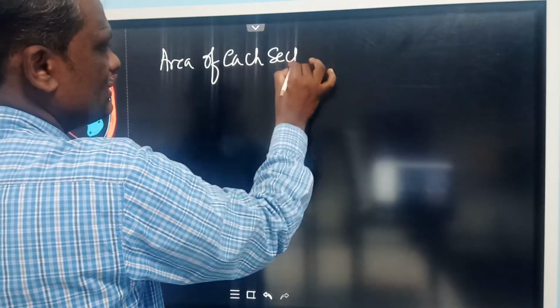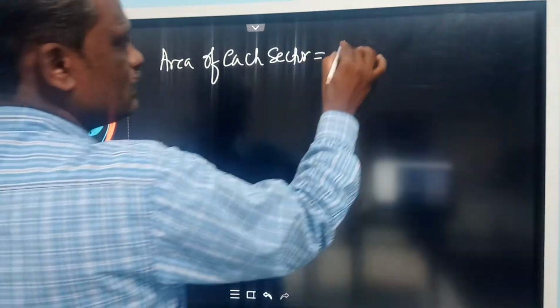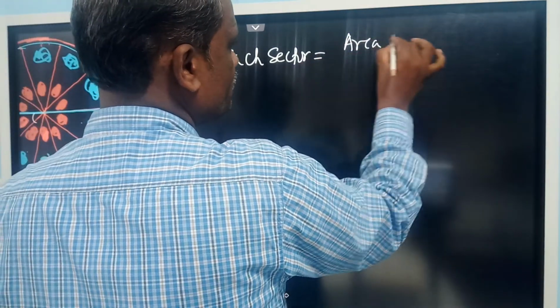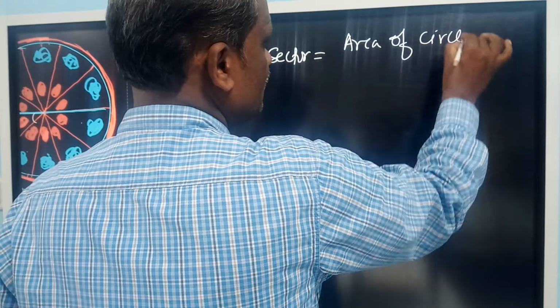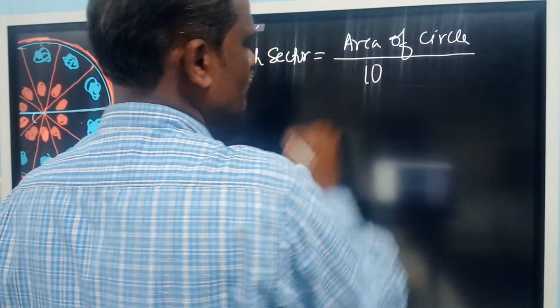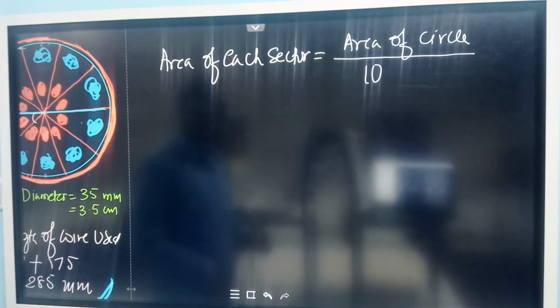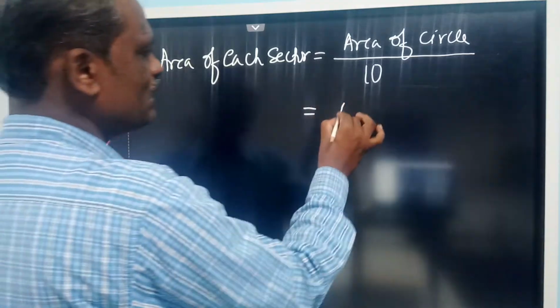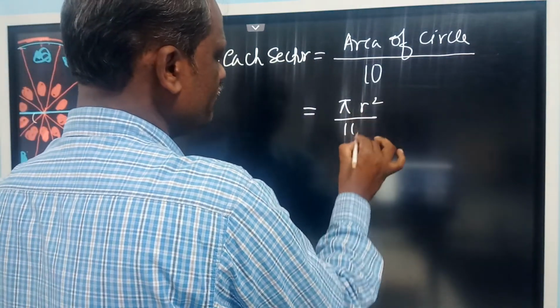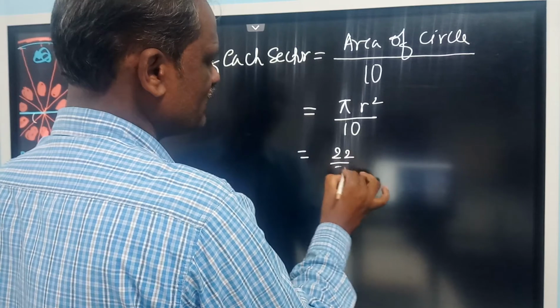Area of each sector is equal to area of circle divided by 10, because there are 10 equal sectors. So area of circle is pi r square divided by 10. Pi value is 22 by 7.